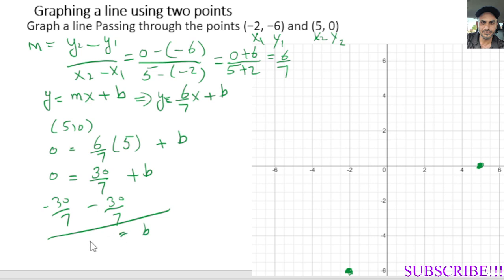So b equals -30/7. So your equation becomes then y equals 6/7x minus 30/7.